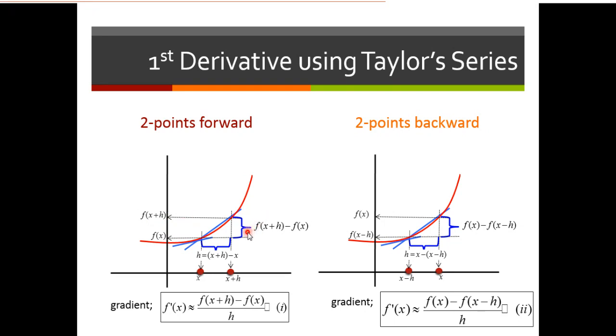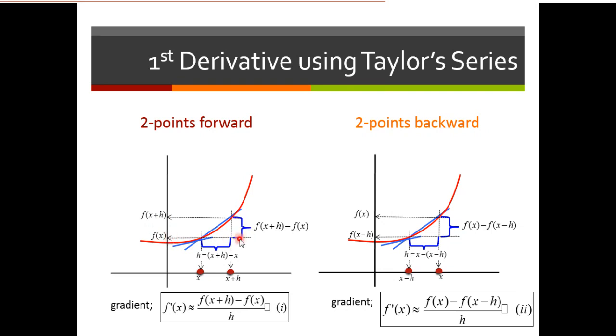Okay. And then to know the slope of the graph, meaning that you're going to use delta y over delta x ataupun delta f(x) divided by delta x. So for the delta f(x), the difference between these 2 points is represented by f(x+h) minus f(x).